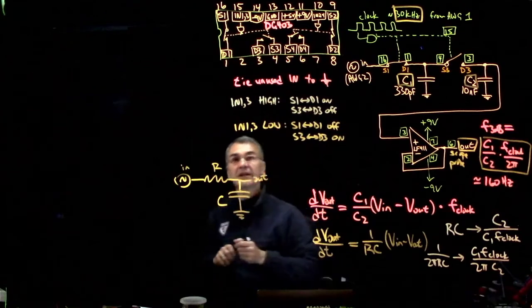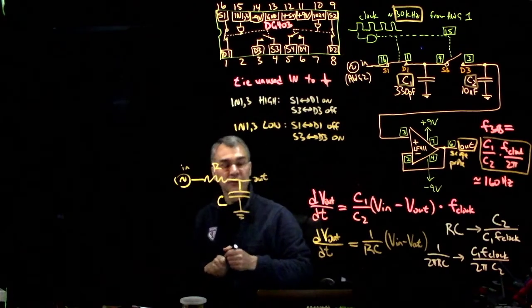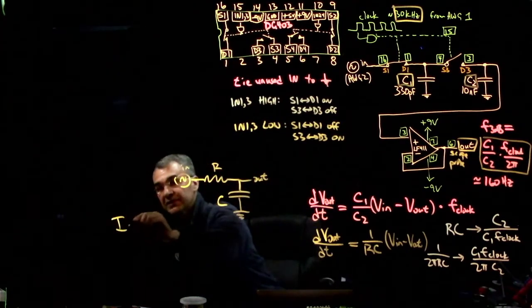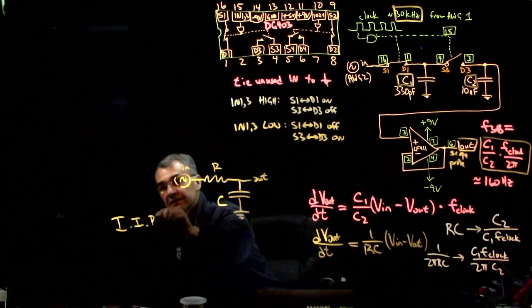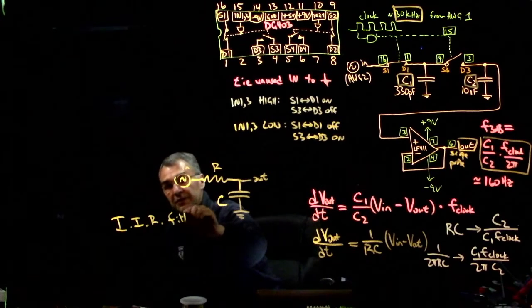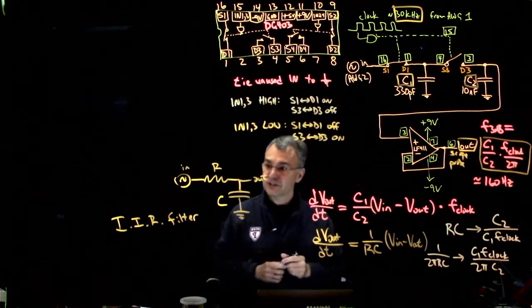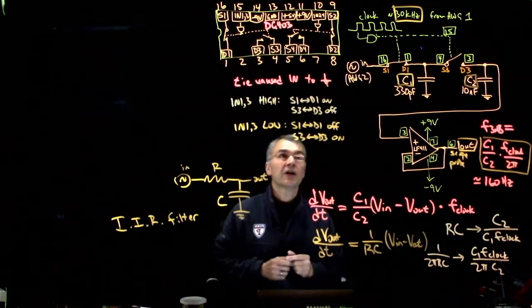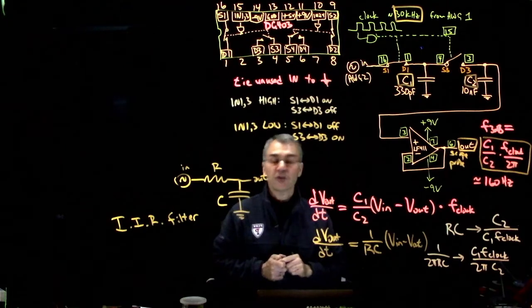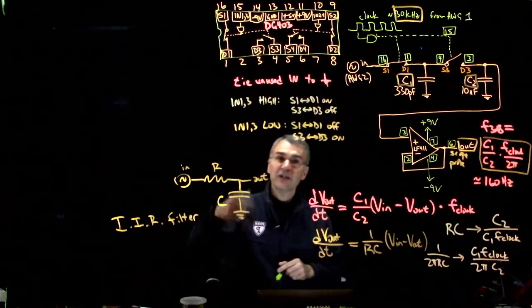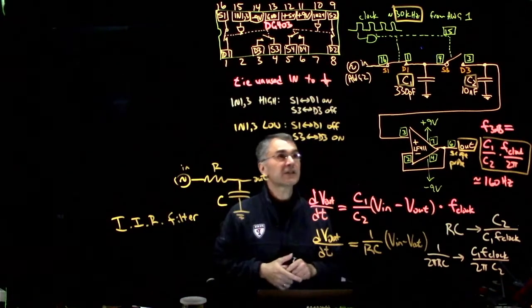In fact, if you do this with an algorithm on a computer, this is called an IIR filter, which is an infinite impulse response filter. You can actually do this algorithm completely in computer code.